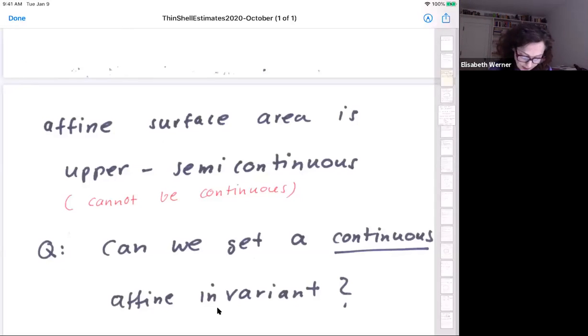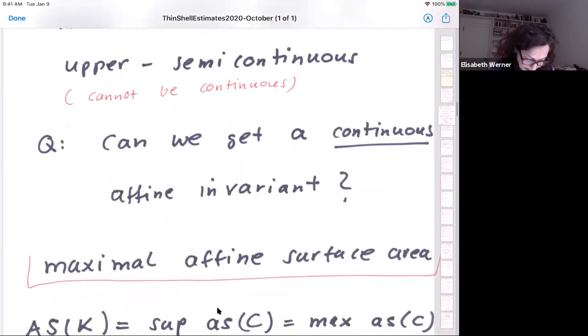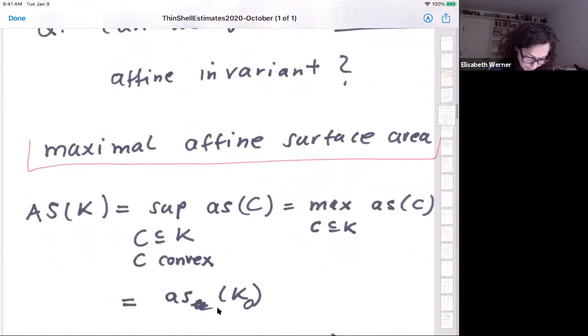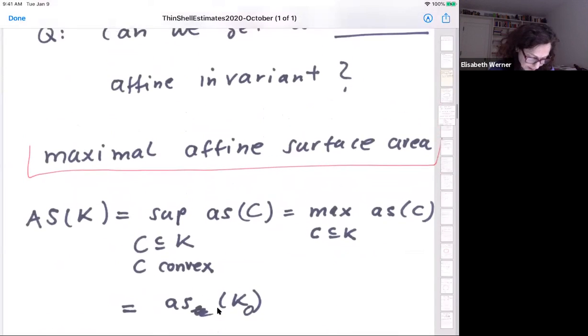continuous. And this we can do by defining what is called the maximal affine surface area. I'll denote this maximal affine surface area with capital letters AS instead of the small letters. So how is it defined?